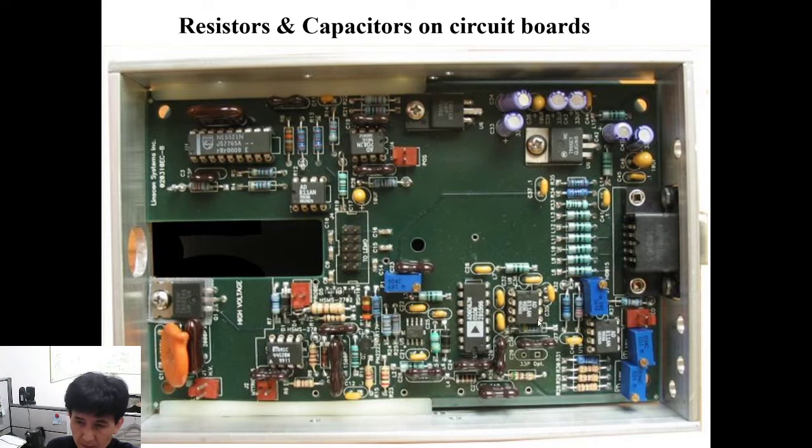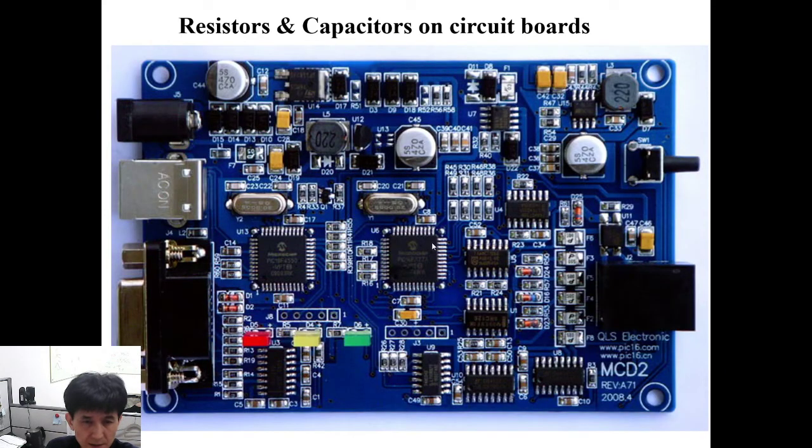And there is another circuit board which is more compact than the previous one, and this one which is labeled with C45, C44, those are capacitors, and these things are all resistors. It's a chip type resistor. These are the ICs used in the circuit board.